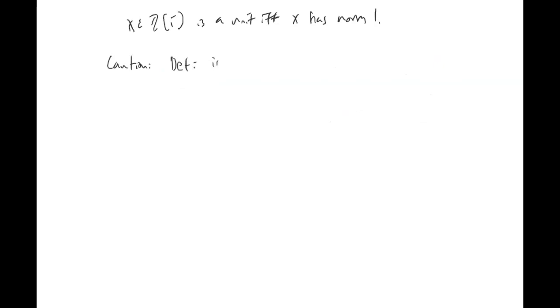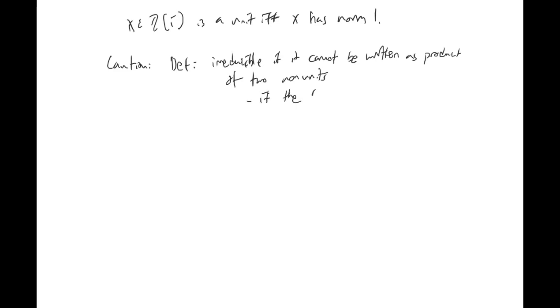You'll see why. So something is irreducible if it cannot be written as a product of 2 non-units. So in other words, it's irreducible if the factors are itself and a unit.